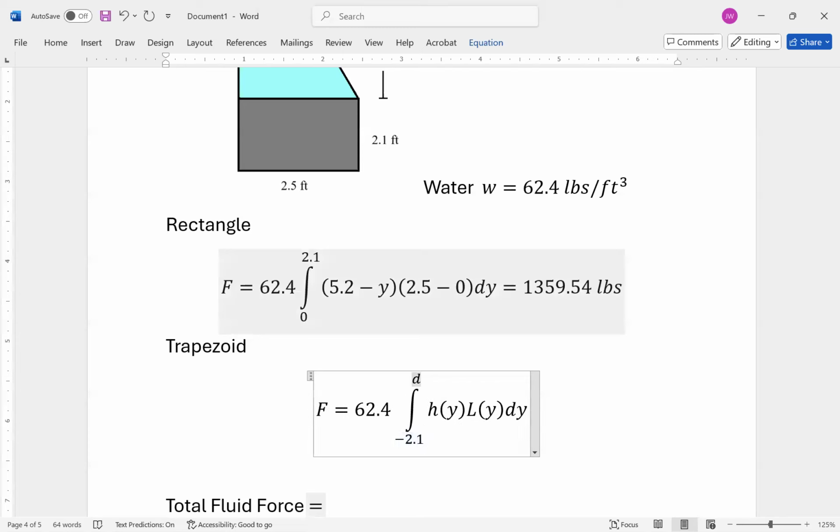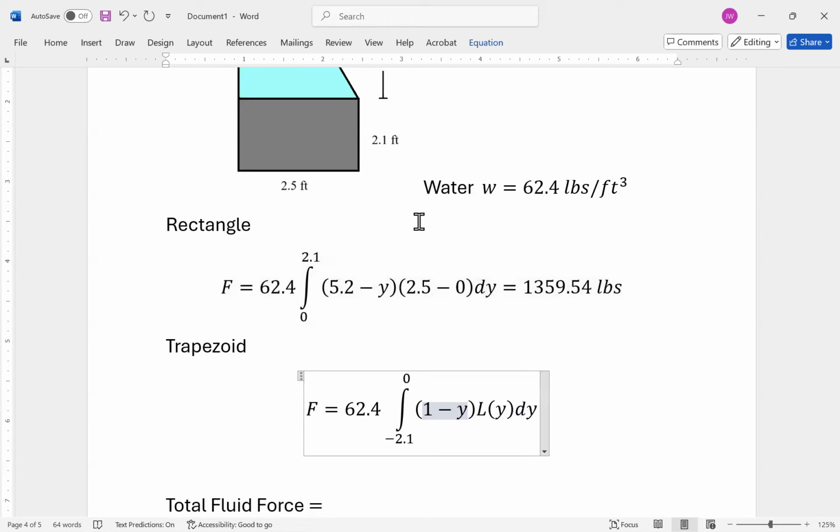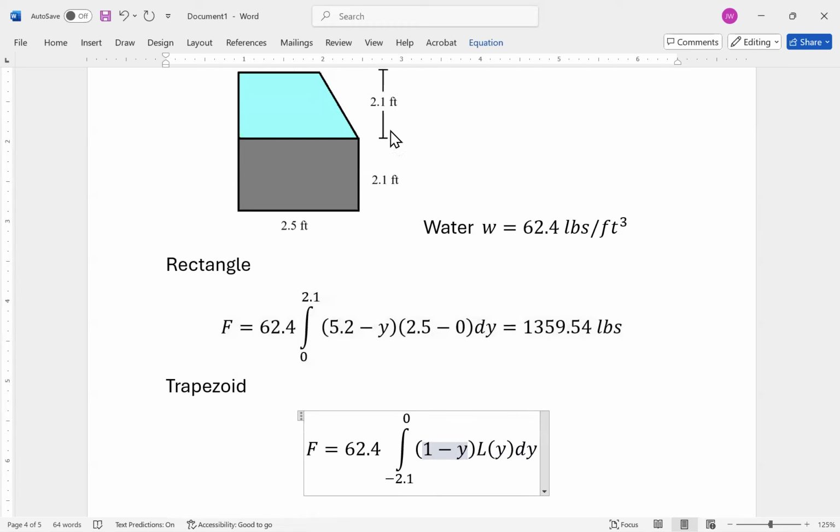And the top of that trapezoid is at 0. The depth, like I said, the water line is 1 unit down to some arbitrary y value. Again, y value here.